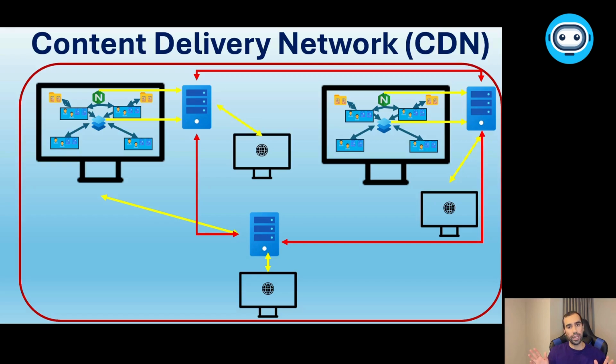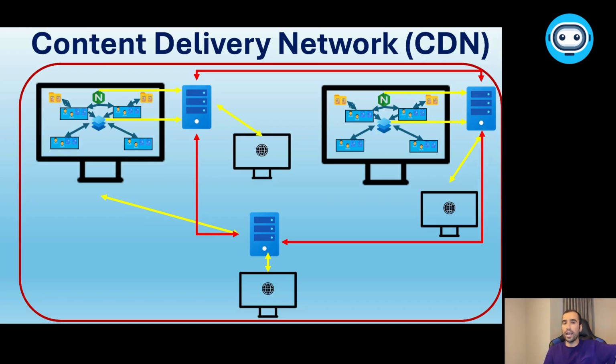So now that we've covered enough about how to make an application scalable, I also like to talk about content delivery networks, or CDNs. What actually are CDNs? So imagine, for example, my web servers are located in North America. One, for example, in the US, one in Canada.